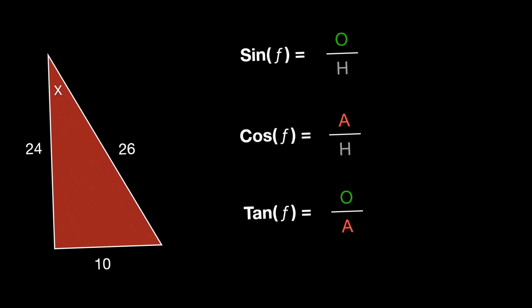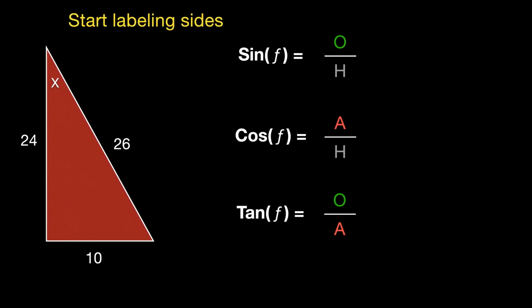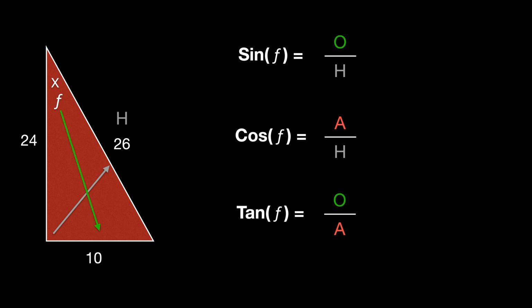Let's try one more triangle. Start labeling the sides. First, label the angle of focus. The angle of focus is right there. Then the hypotenuse. Then the opposite side of the angle of focus. And then adjacent. Now you can start plugging in. X is the angle of focus, so that's going to go into our parentheses, and then O is 10, H is 26.